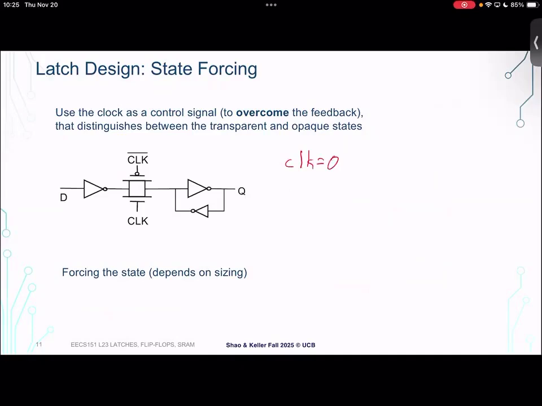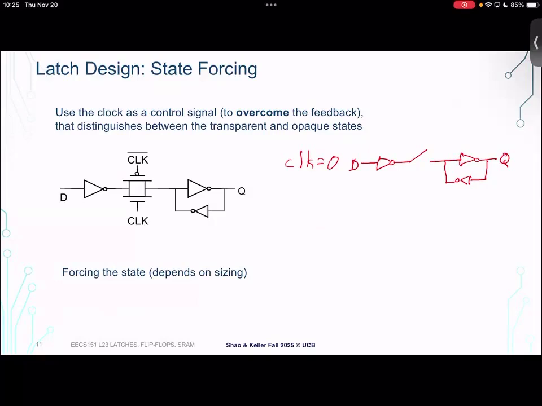So when clock equals 0, well, we only have one transmission gate and it's off. So when clock equals 0, the input D is kind of disconnected from anything important.